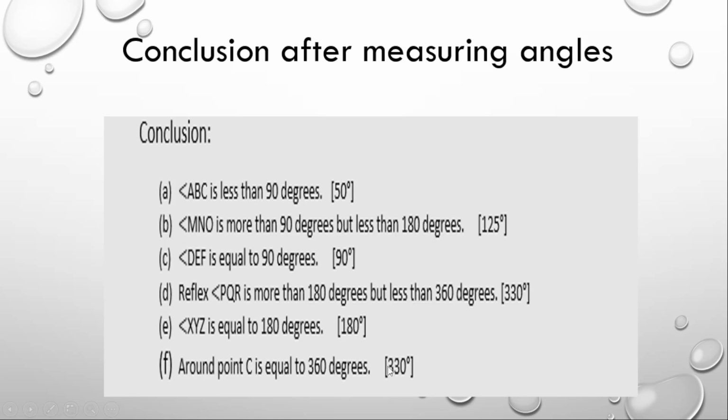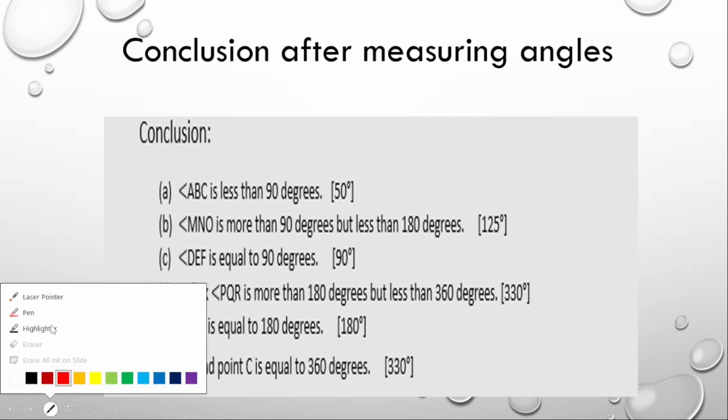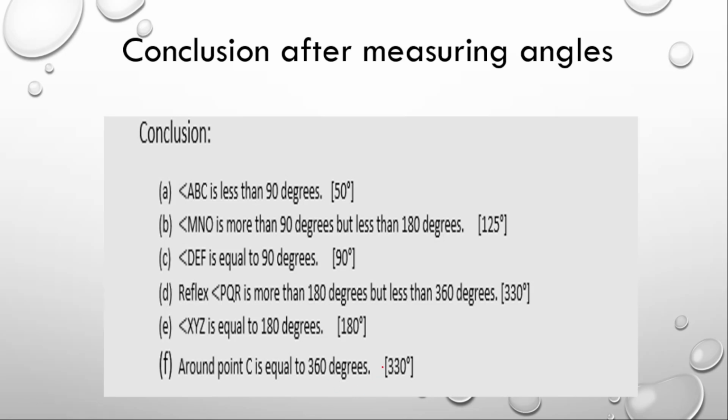So we scratch that out, and it's equal to 360 degrees. Sorry for that mistake. So around the point is equal to 360. Answer 360 degrees. Thank you for another lesson.